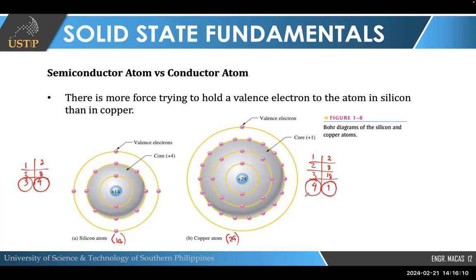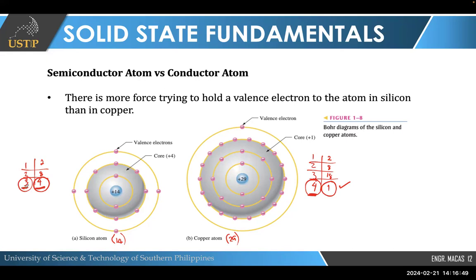Based on the concept, the farther the electron is from the nucleus, the more energy it has compared to electrons closer to the nucleus. So the 1 valence electron of the copper atom, since it is in the fourth shell, will have higher energy than the valence electrons of silicon, which are in the third shell.